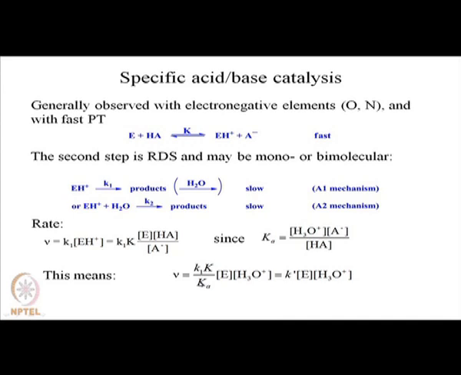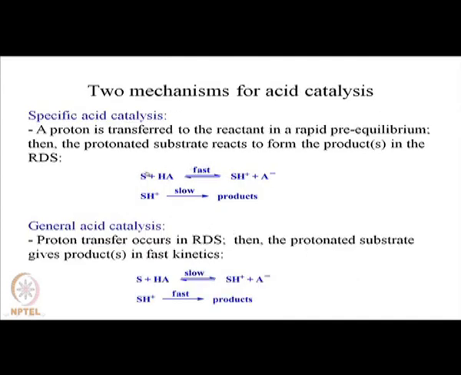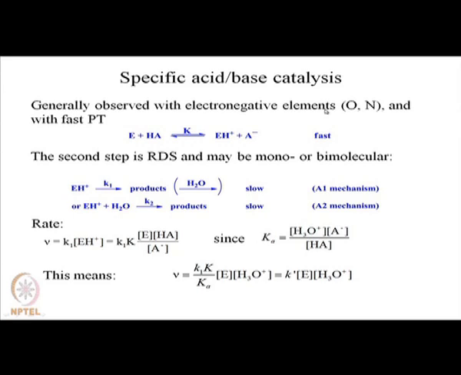So, specific acid base catalysis. Let us look into it again. It is generally observed with electronegative elements, as I told you at the very start of our discussion. For specific acid catalysis, proton transfer is fast, which means it is expected to involve oxygen or nitrogen. This is the equilibrium constant, and the pre-equilibration is very fast. The second step is the rate determining step.